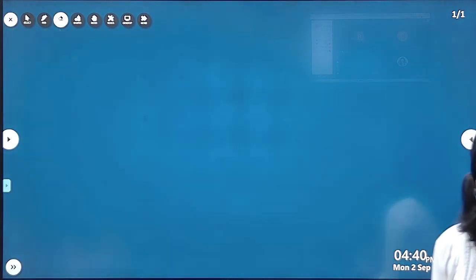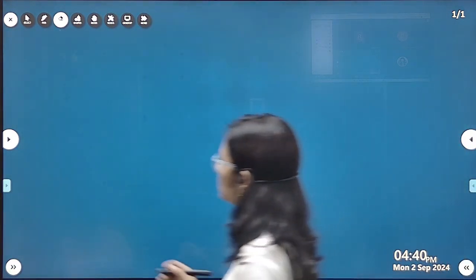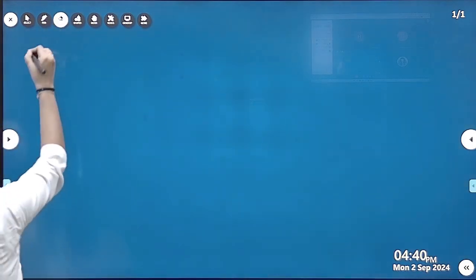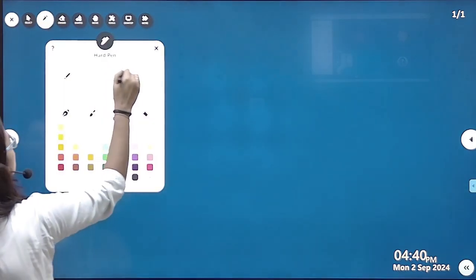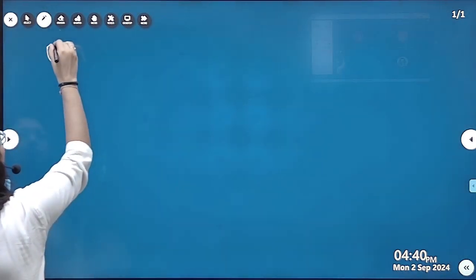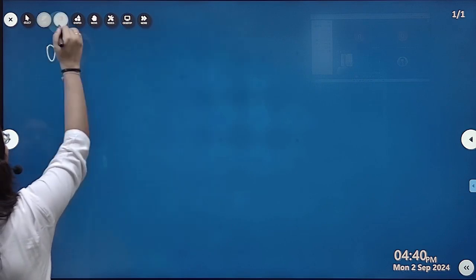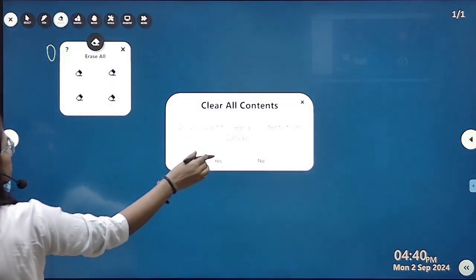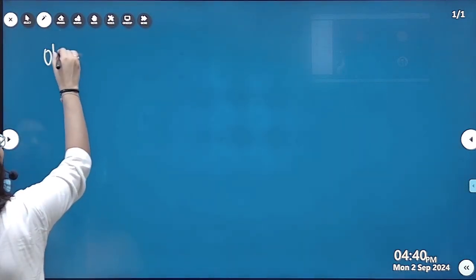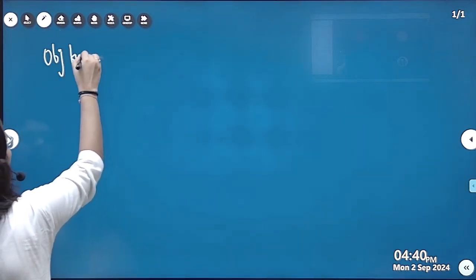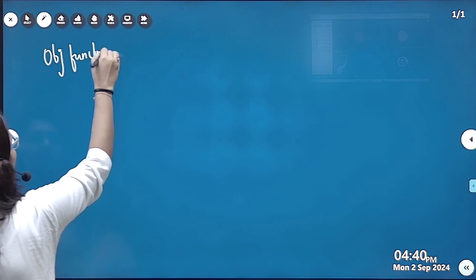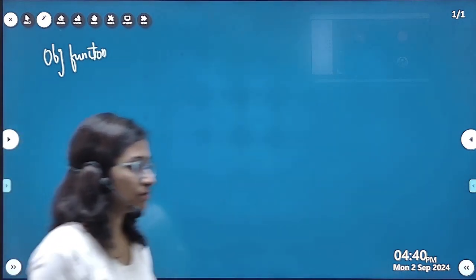Okay. So tell me objective function and constraints. Objective function बोल दो. Tell me. क्वेश्चन का ऑब्जेक्टिव फंक्शन से बोलो.